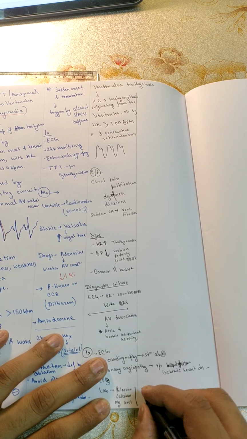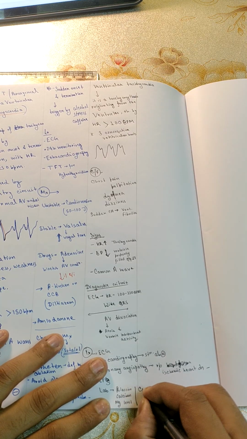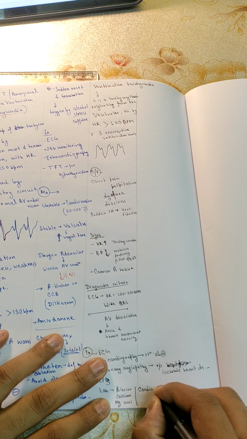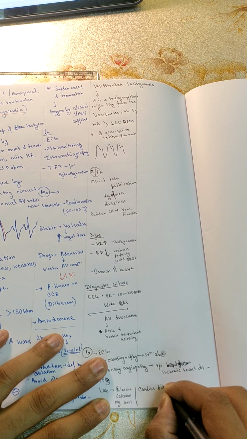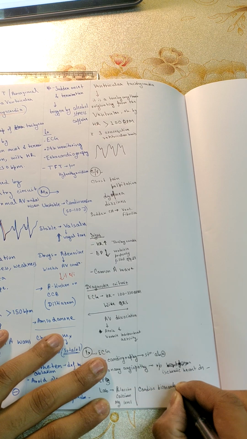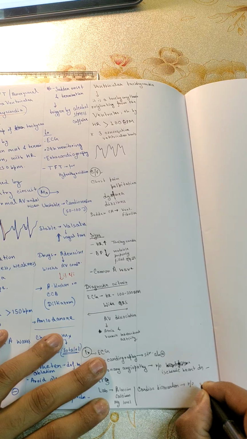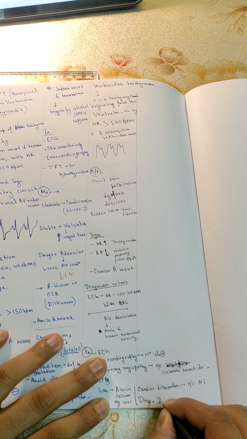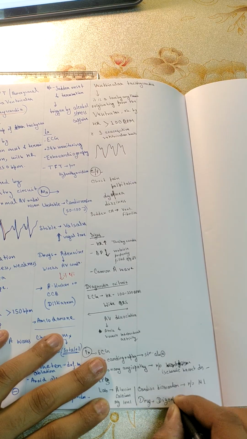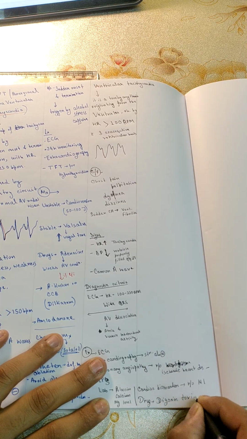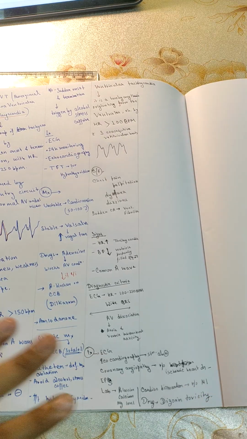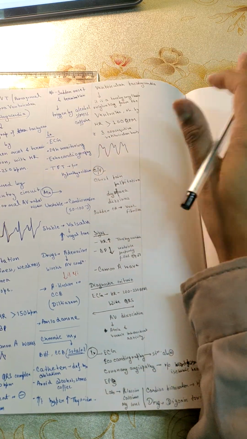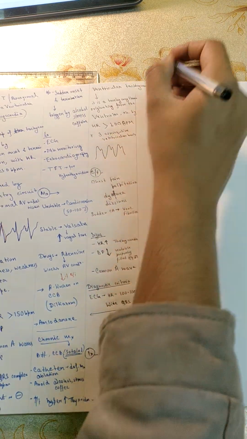In lab testing, I have also seen cardiac biomarkers to rule out MI. Also, I have to check for drugs like digoxin toxicity. It's too much information, but I think it's easy and I can write it more or less anywhere.